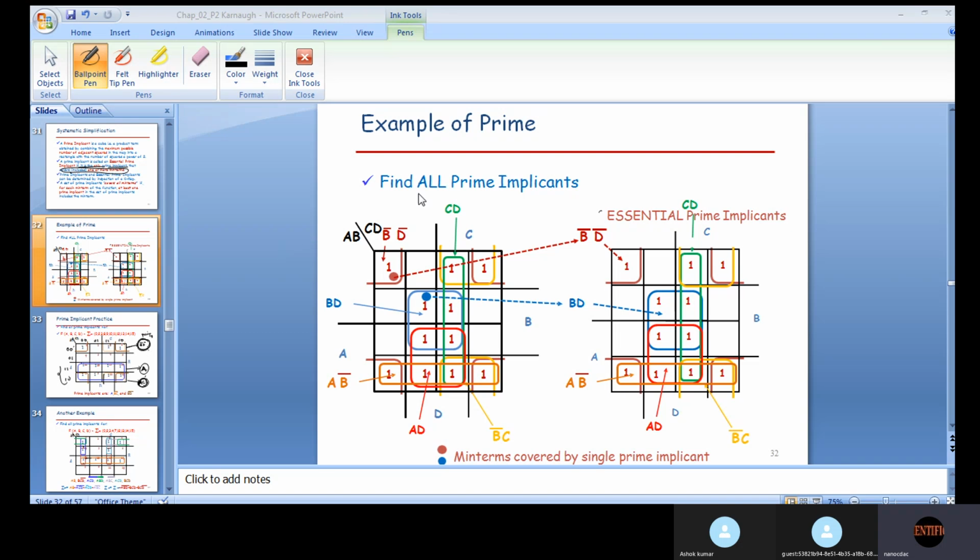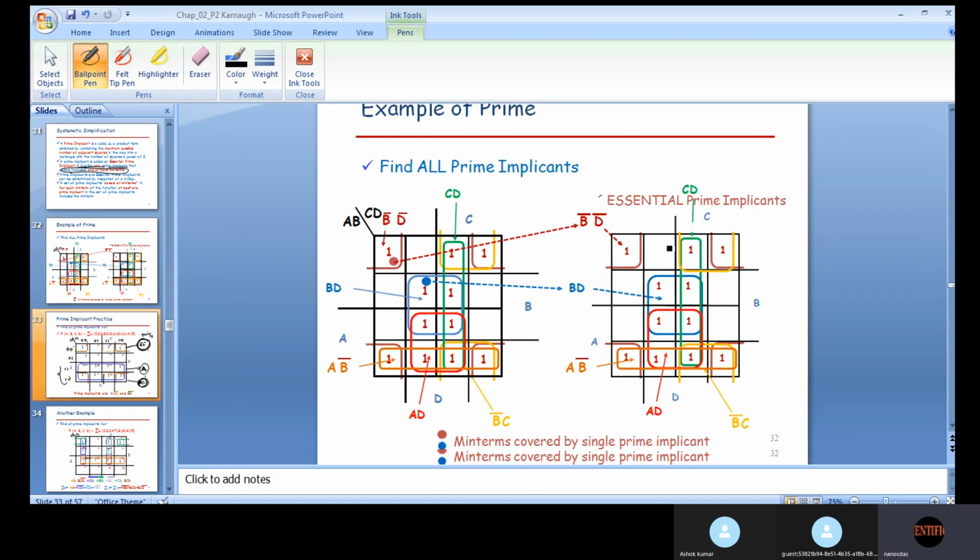But see here, there is no difference between these two K-maps. Everything is the same. How many terms are there here? How many min terms are there? 1, 2.